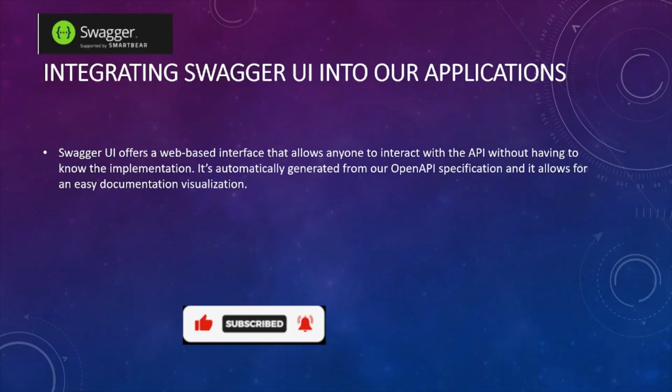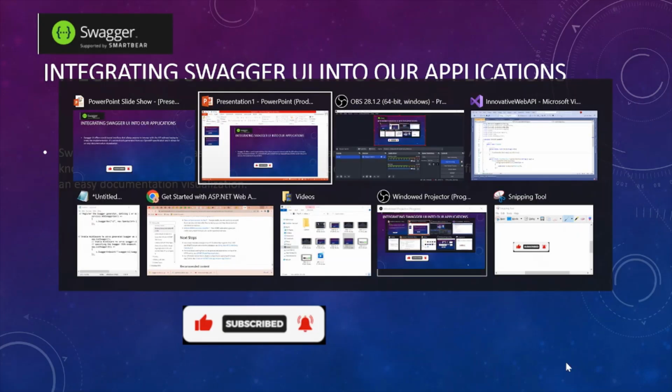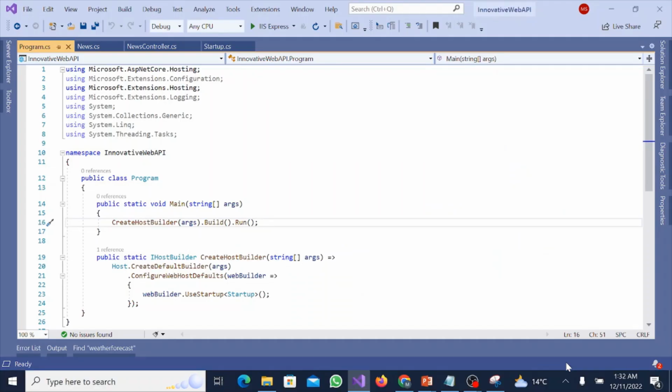It automatically generates our OpenAPI specification and allows easy documentation visualization, which anyone can use to understand and see those API stubs as well as the schema of this API, which we show by using Swagger. So let's start and I will show you how we can implement this.